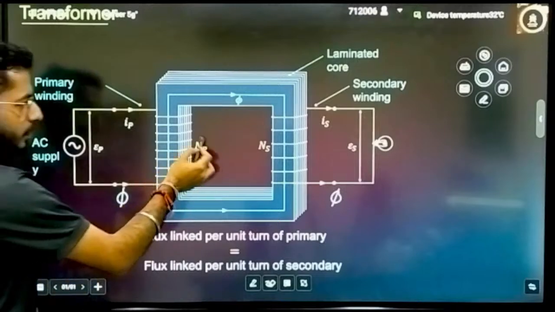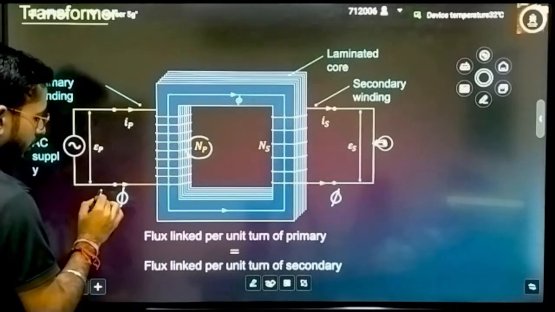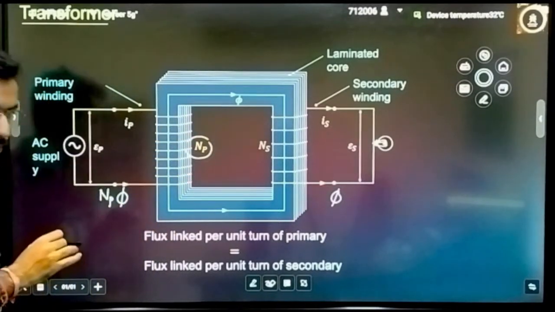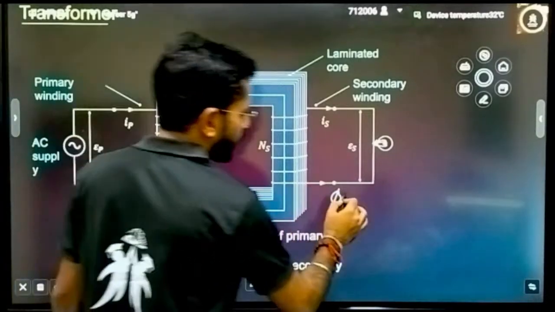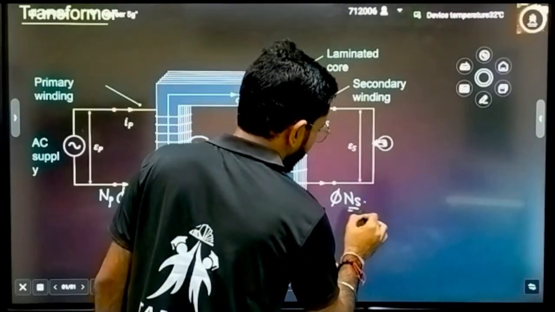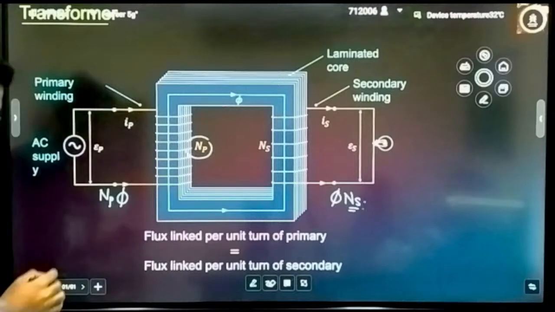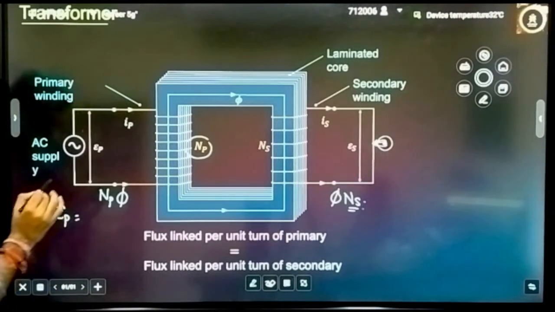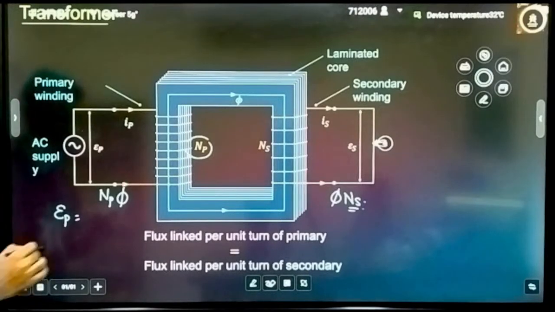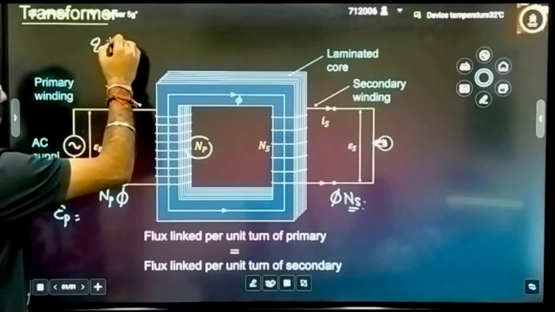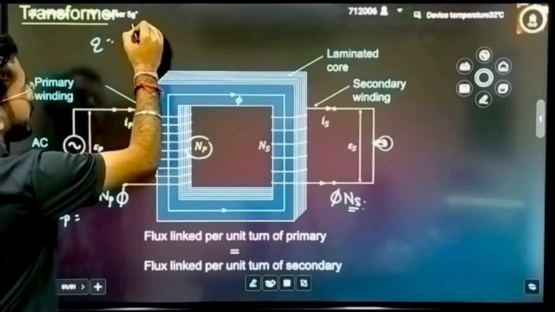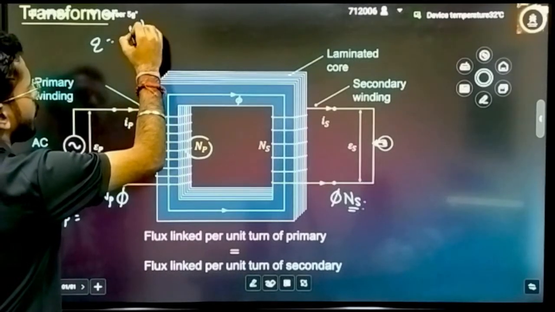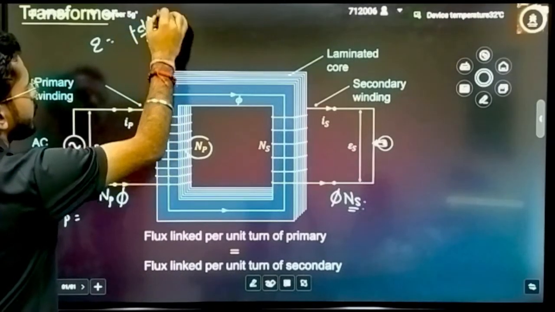But the number of turns are there. I have told you, whenever you are writing flux, you will be multiplying it by the number of turns, NP, and here you will be multiplying it by the number of turns NS. Now what is the EMF you will write on the primary circuit? From Faraday's law, it is minus of d phi by dt.